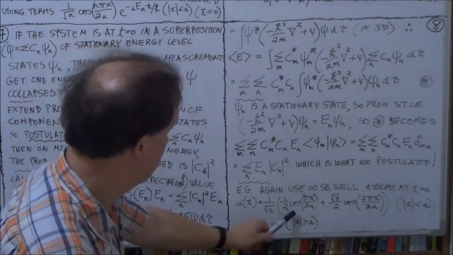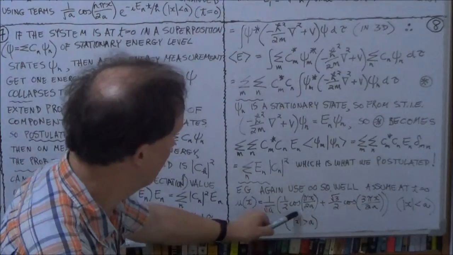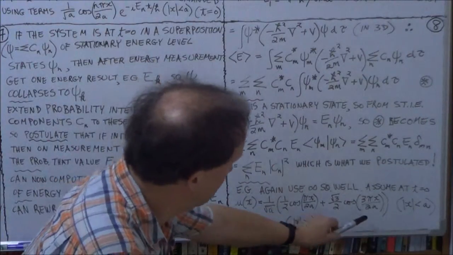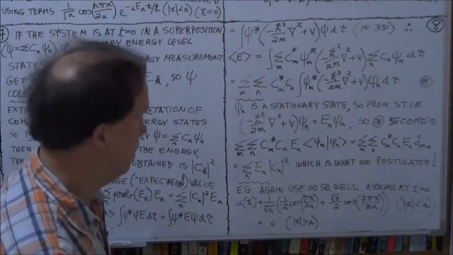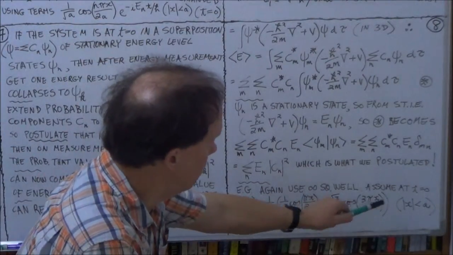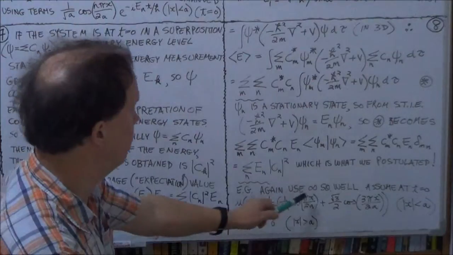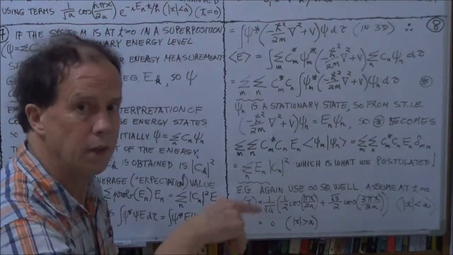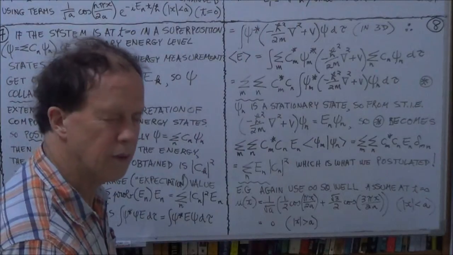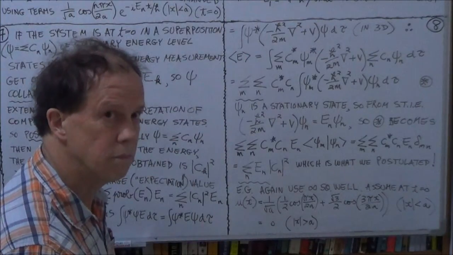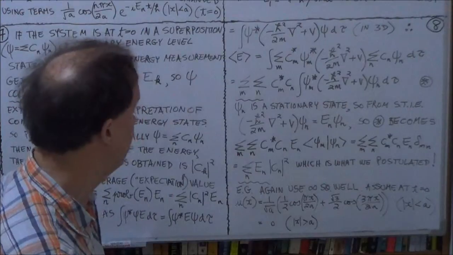One of them is of this form, that corresponds to the ground state, and here's the next energy eigenstate, where n is 3. Remember, in this infinite square well context, your n was odd. I think n was odd.